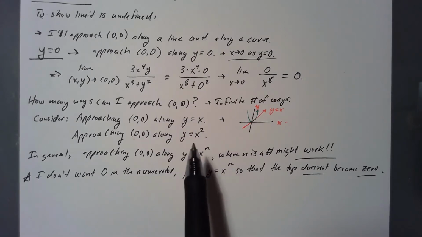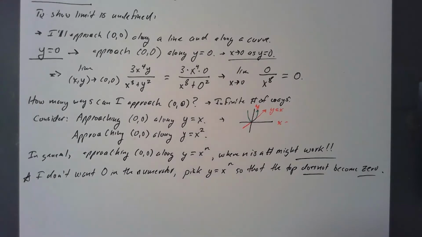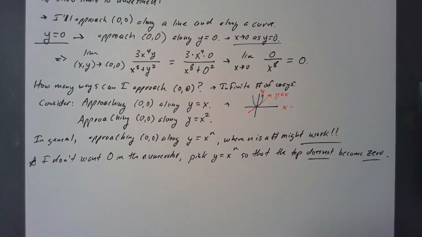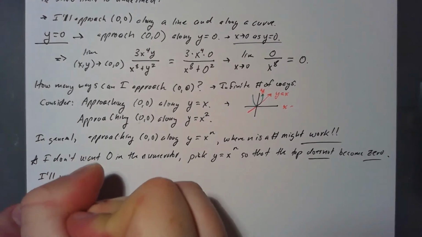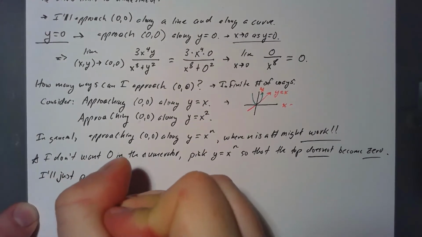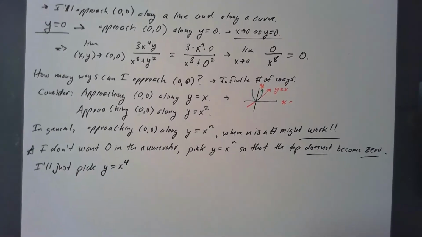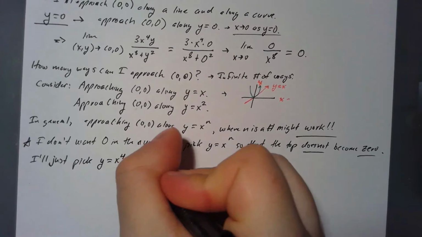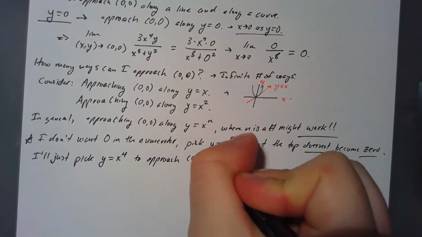Either one of these might be sufficient, but I'll just pick y equals x to the fourth to approach 0, 0.